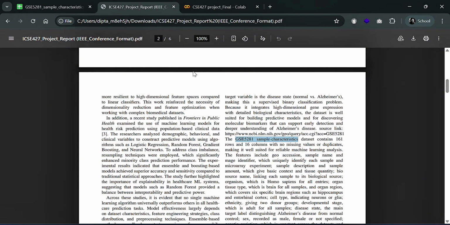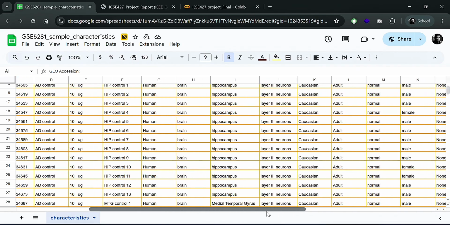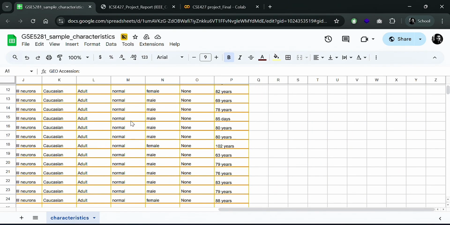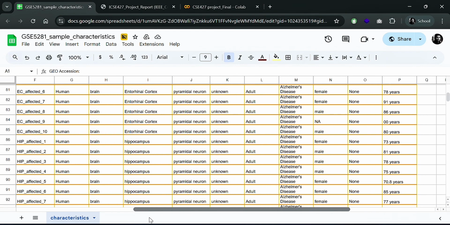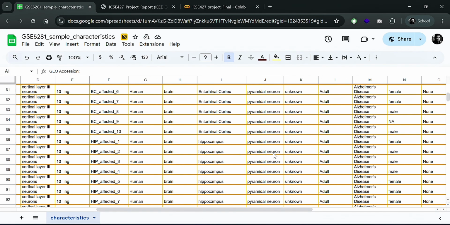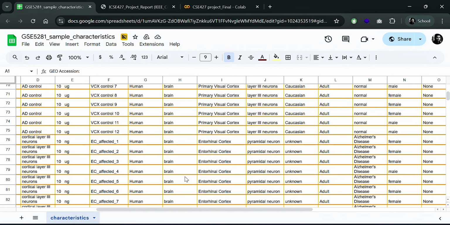The dataset contains human brain tissue samples, collected from Alzheimer's patients, and there are some target variables. We have normal data and the Alzheimer's disease data. Instead of raw gene expression values, our project focuses on the sample metadata like age, brain region, cell type, ethnicity, and other clinical descriptions.